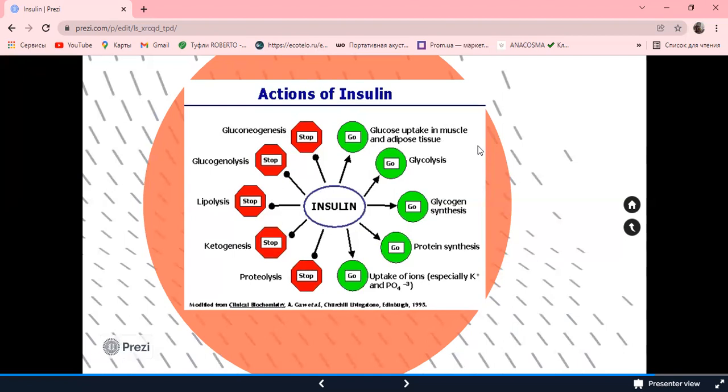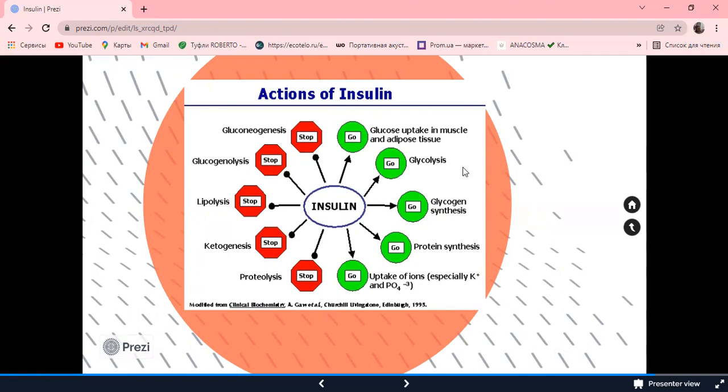Glucose will be taken up by muscles and adipocytes and will be transformed into triacylglycerols, especially in adipocytes. Insulin stimulates the synthesis of free fatty acids that will be used for the synthesis of triacylglycerols.